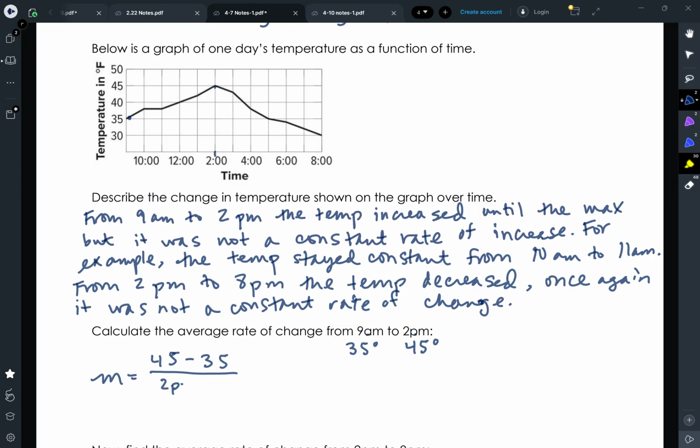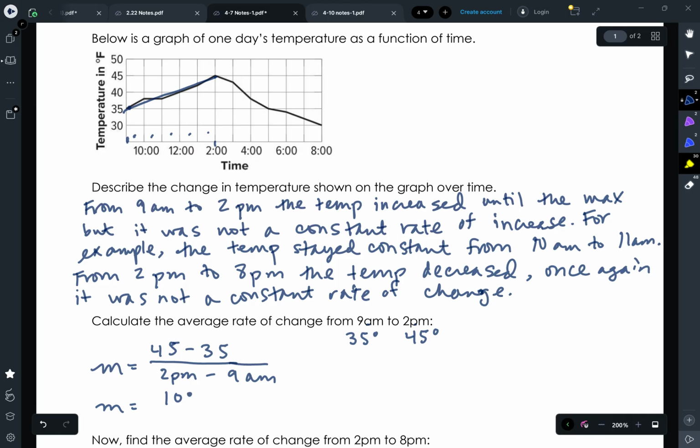And 2 p.m. minus 9 a.m. is really weird because I can't just really do 2 minus 9, can I? That would be -7. That's not right. I've got to figure out exactly how many hours are passing from 2 p.m. to 9 a.m. And if you're not sure, we could count on our graph, right? Temperature went from 35 to 45. That's 10 degrees. And then if you look at our time, it's 1, 2, 3, 4, 5 blocks of time, 5 hours.